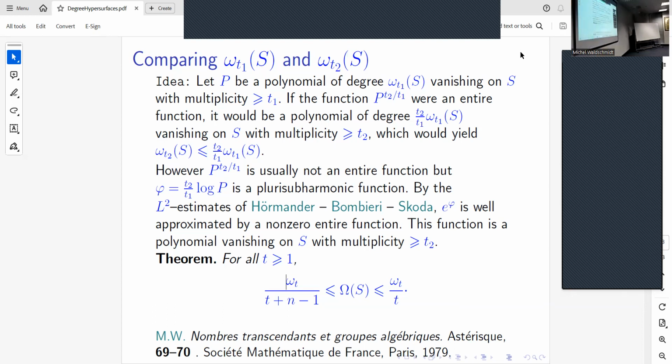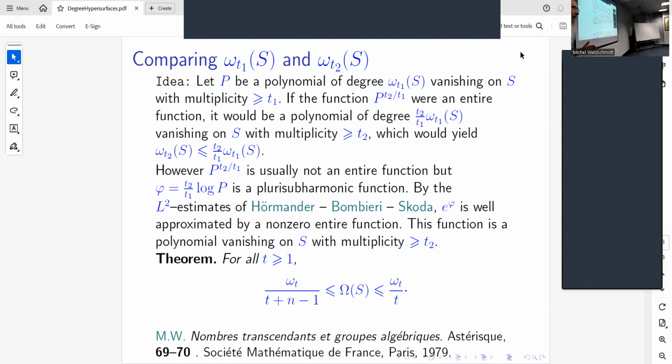This is not well defined because you have to take a root of some polynomial, but we can prove that this is not an entire function in general, but if we take the logarithm, it's plurisubharmonic. But assume that it is an entire function.